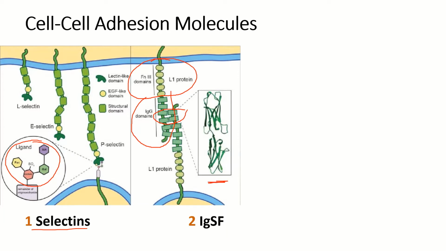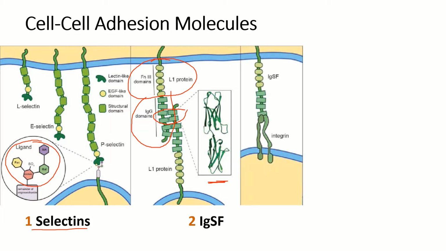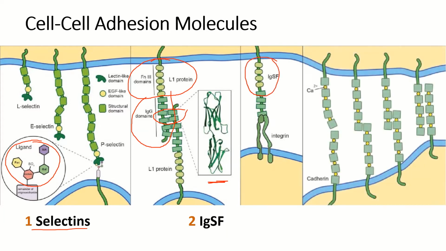RGD sequences bind to each other. Then here we can see an immunoglobulin superfamily segment. And this is the integrin from a leukocyte, a white blood cell that was attracted to this IGSF segment. Here on the right, number 3, is our answer, the cadherins.